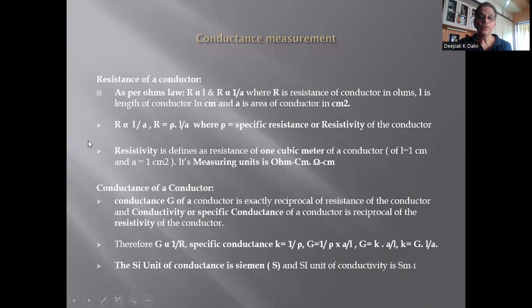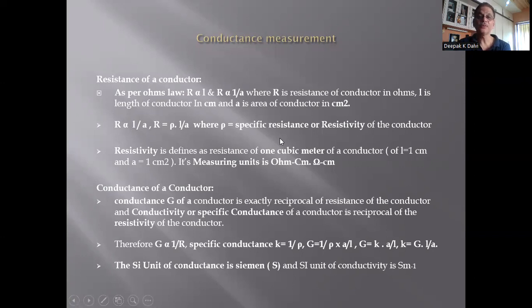So when you remove the directly proportional symbol, you have to involve a constant in this equation. That constant is rho. And this is R is equal to rho L upon A. And rho is called the specific resistance or resistivity of the conductor. Now, it also has a definition.